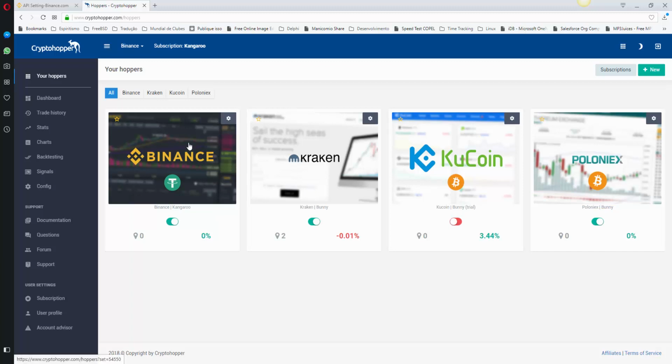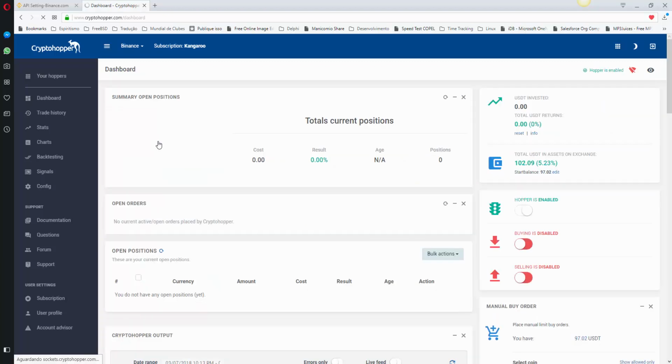Now I have a fourth hopper named Binance with my Kangaroo license. And now I'm going to go to the configuration to show you some more options and some features as well, okay? Let's go there to my new hopper.